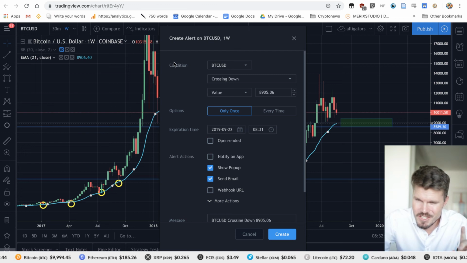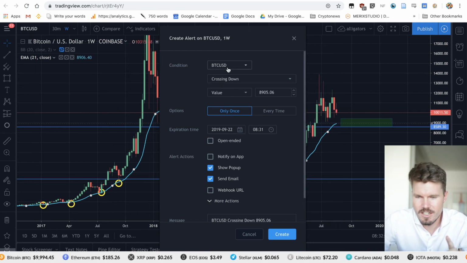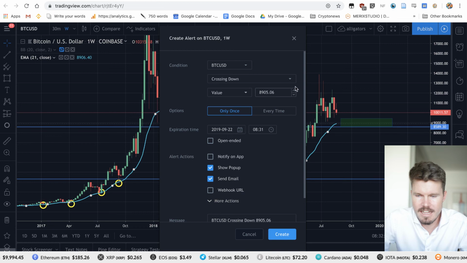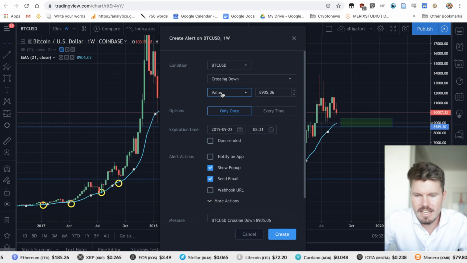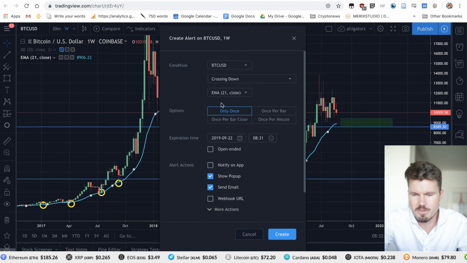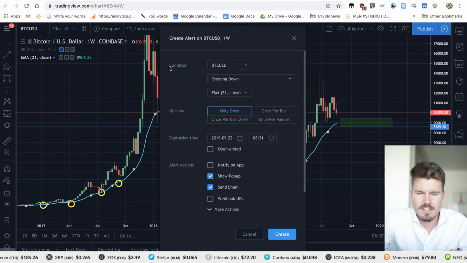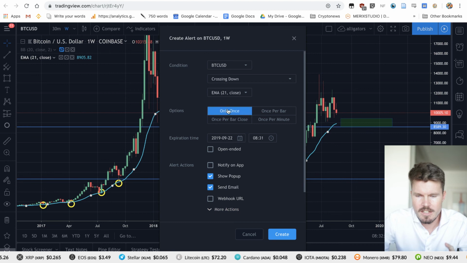What you first have to do is you have to select BTC USD. So that's the chart. So you have to select BTC USD and it's crossing down. And here, instead of value, you could also make a price alert. But here, instead of value, you will click on that and select the exponential moving average and only once. So what this means is the condition is when the price crosses below the exponential moving average and one time.